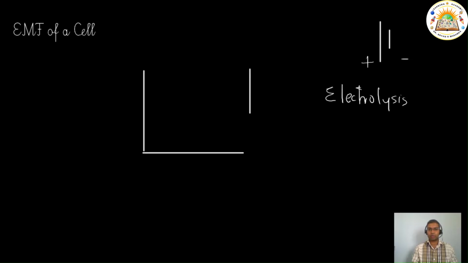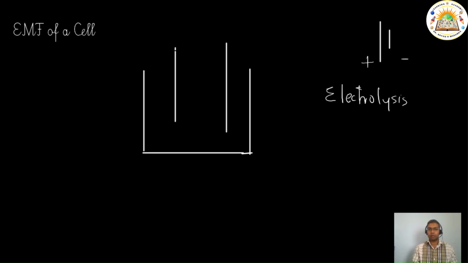In earlier times, the entire process of defining a cell was done by using a chemical process called electrolysis, where we take a container filled with an electrolytic solution and insert two rods which would serve as the positive and the negative.